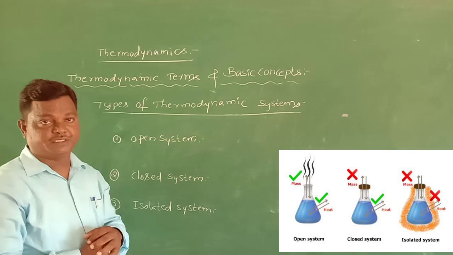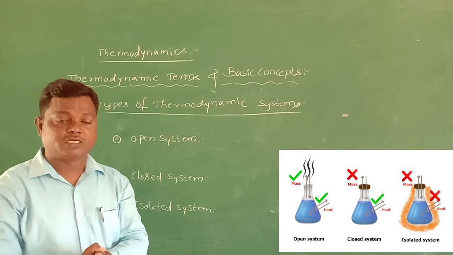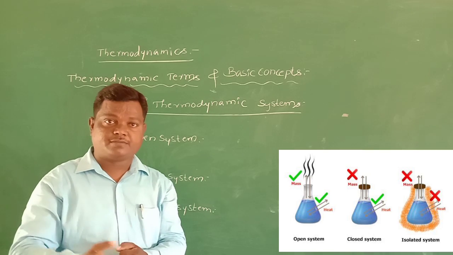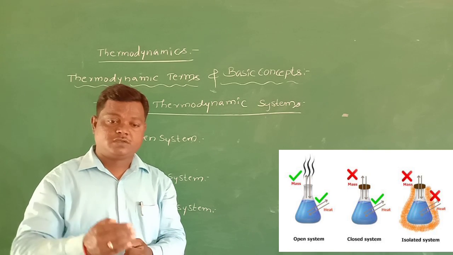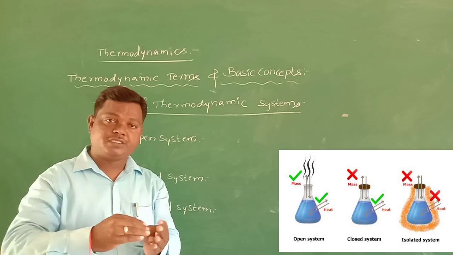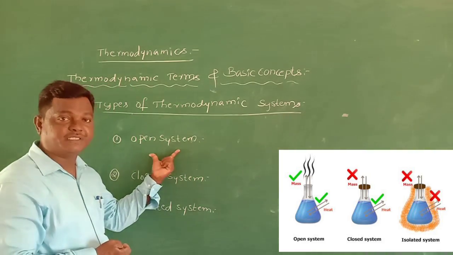For example, when we keep hot water on the table, after some time matter, that is water, as well as energy is transferred to the surroundings. That is called an open system.